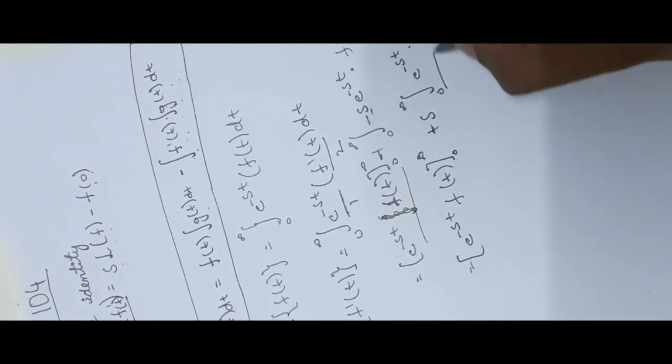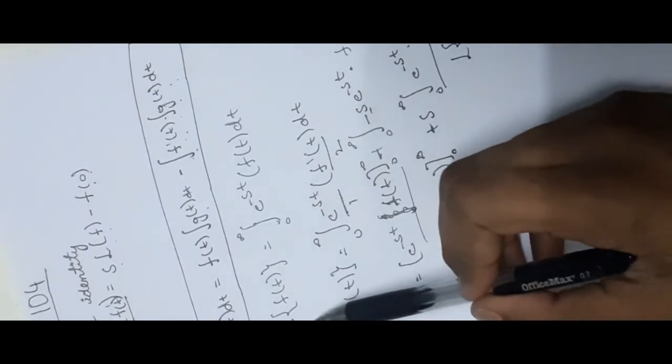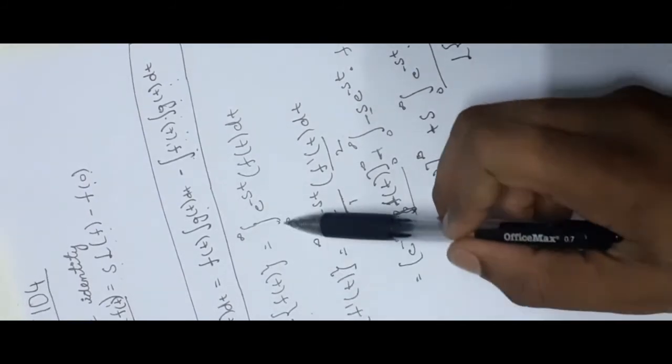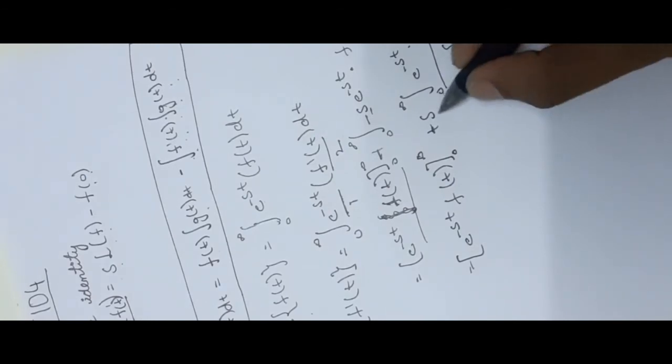So this looks like the Laplace of function f of t, right? This is what we defined earlier: Laplace of function f of t is equal to the integral from 0 to infinity of e to the power minus st f of t dt. So we can write this as s into Laplace of f of t.